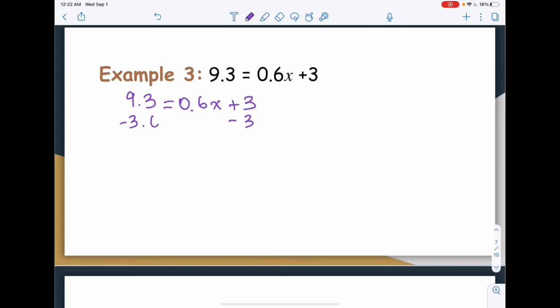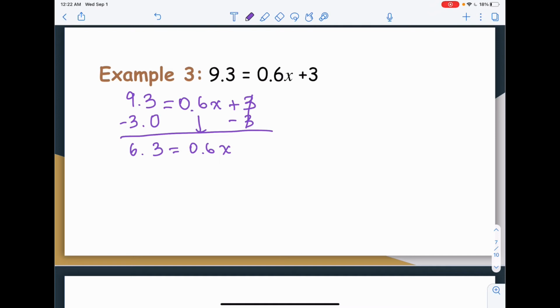Let's put a placeholder for the tens place value for 3, and you have here 6.3, and then bring down 0.6x, and then because positive 3 minus 3 is 0, we don't need to write it down.